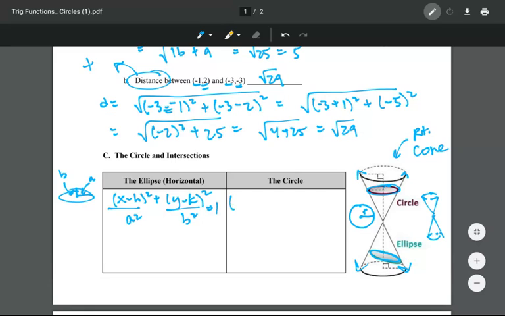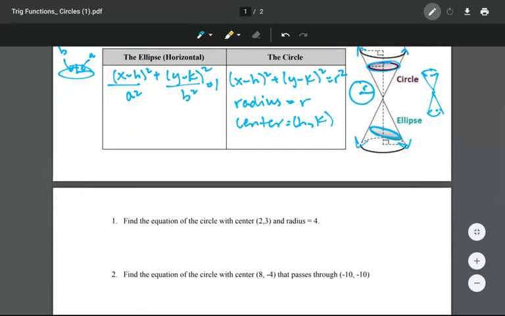So here comes the circle. It's still (x minus h) squared plus (y minus k) squared, and instead of having those denominators, we're just going to write equals r squared. So this has radius r, and the center of that circle is h comma k.